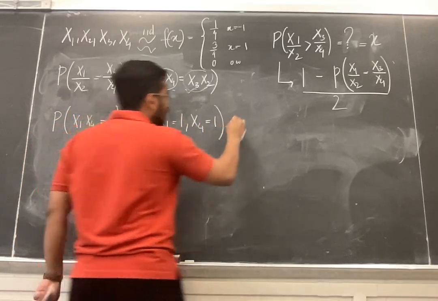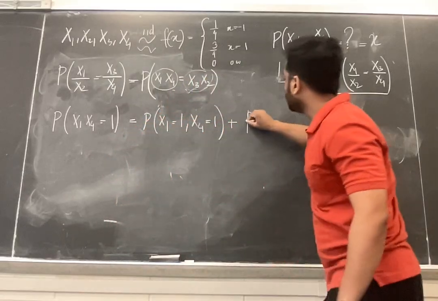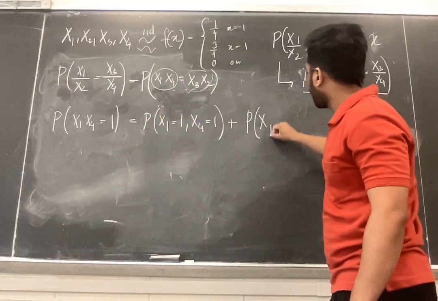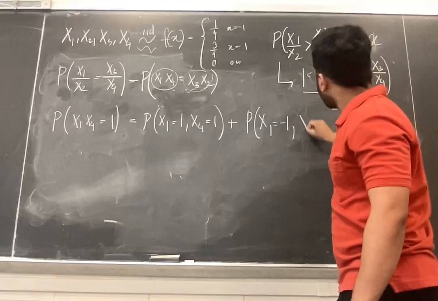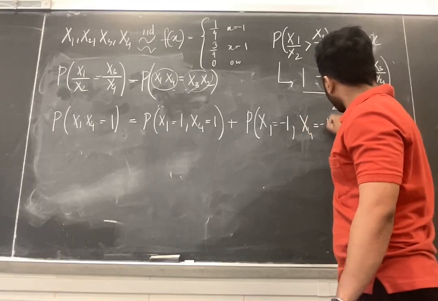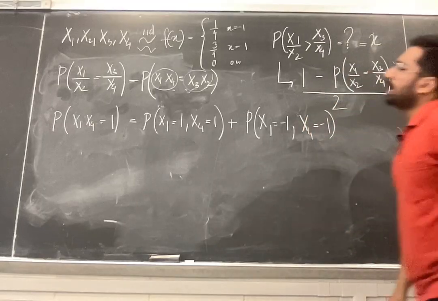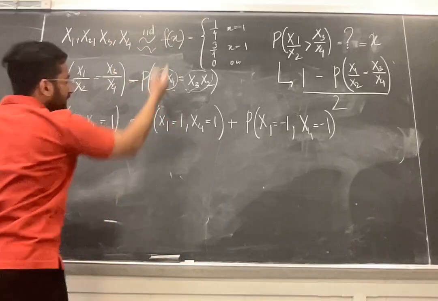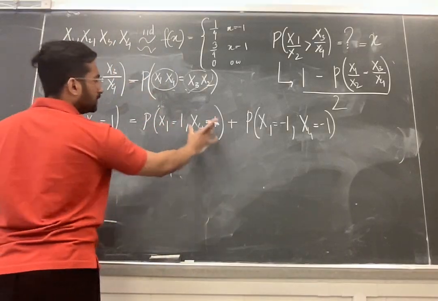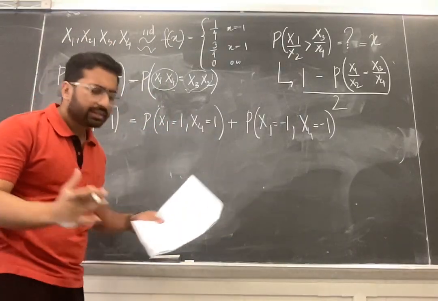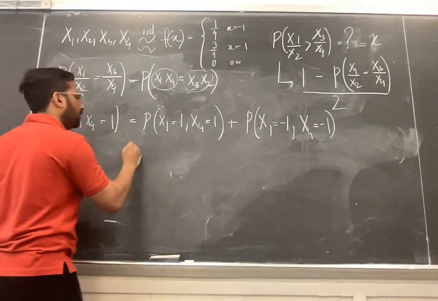Now, exhaustive, so we are adding, and they're independent, so this disjoint union will be divided into product of its marginals.